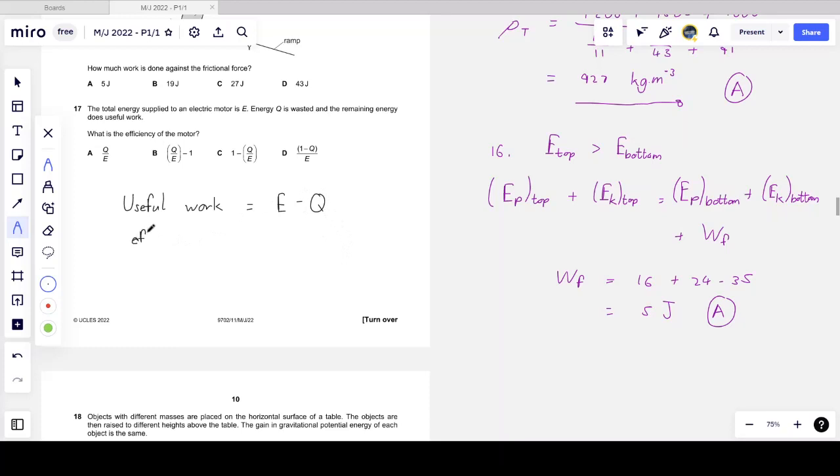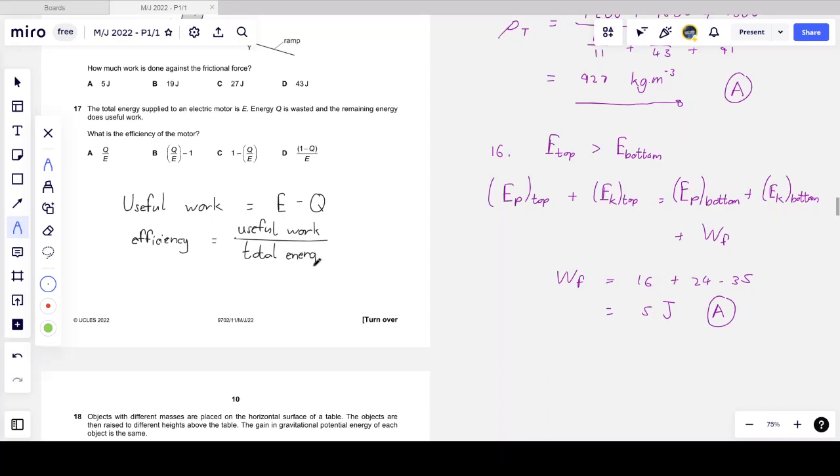And we know from experience that efficiency is the useful work output, or energy output, divided by the total energy input.